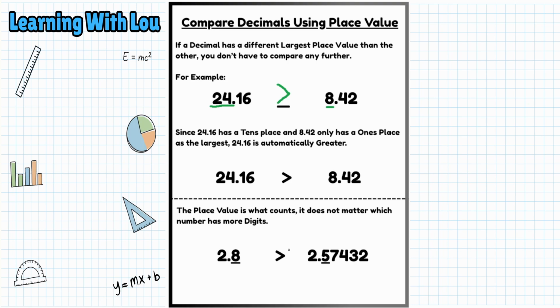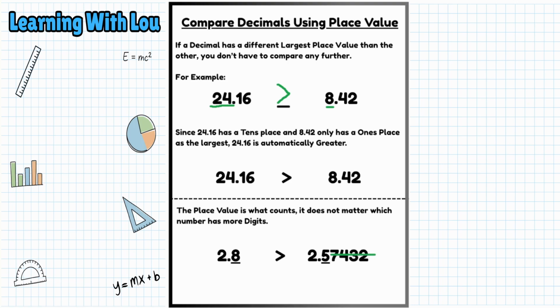Another mistake that I see very common is students will think that whichever decimal has more digits in it is automatically larger. Remember, this is not just like regular place value. Decimal place is a little bit different because here we have an 8 in our tenths place and a 5 in our tenths place. So these are two different numbers in the tenths place that we're comparing.